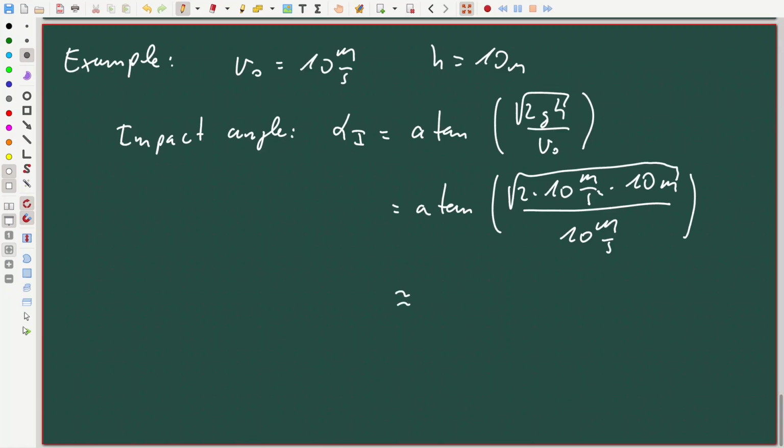And this is equal to the inverse tangent of the square root of 10 times 10, which gives 100. The square root of 100 is 10. 10 divided by 10 is 1. And also all the units cancel out, so we have the inverse tangent of the square root of 2, which remains. And if we type this into our calculator, we get a value of around 55 degrees. This is actually the impact angle under which the object will hit the ground.